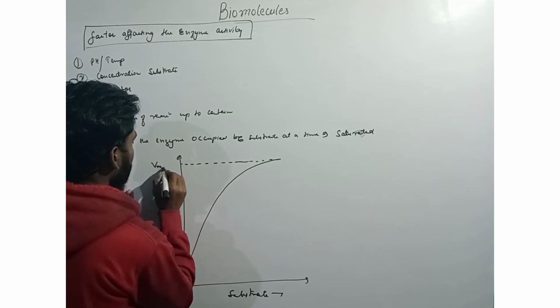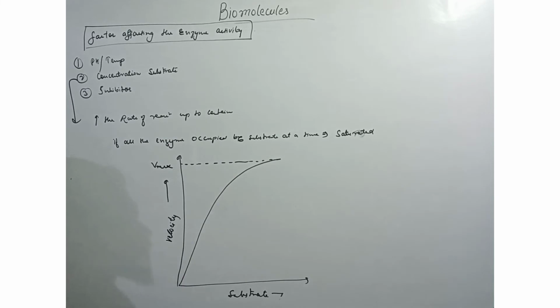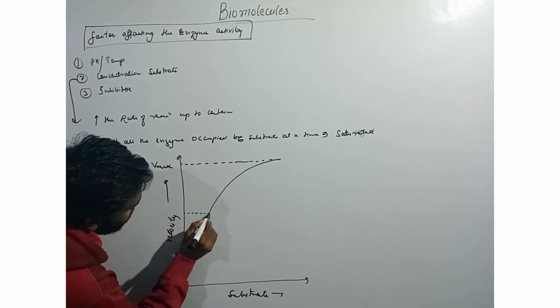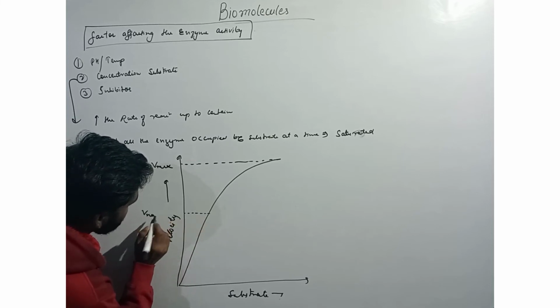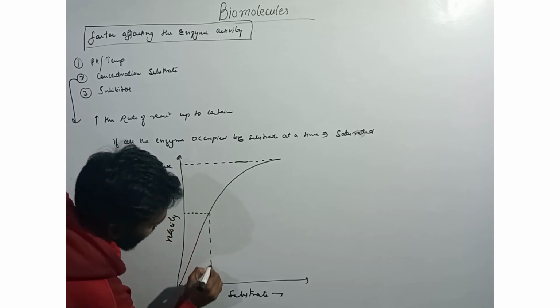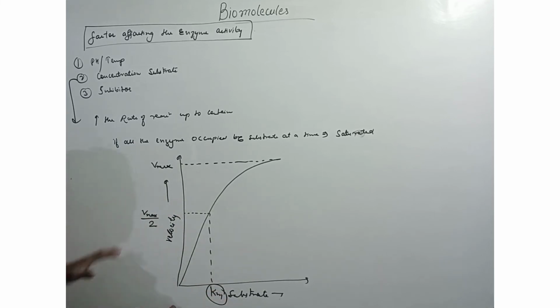Please do remember this region is called Vmax, and the concentration of substrate at which the velocity becomes Vmax by 2, please do remember, that concentration is called Km.